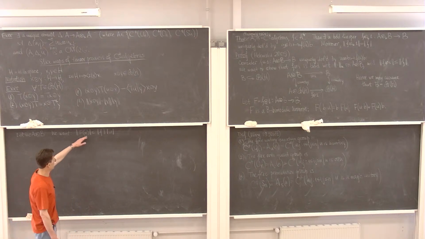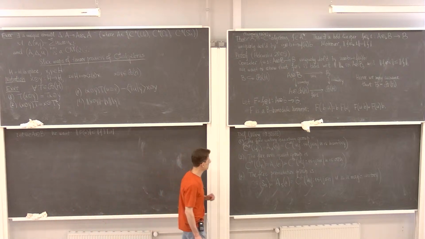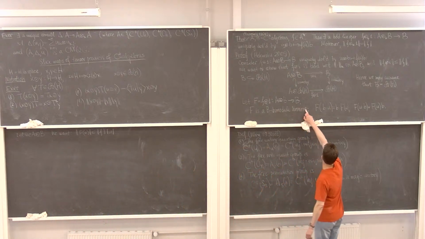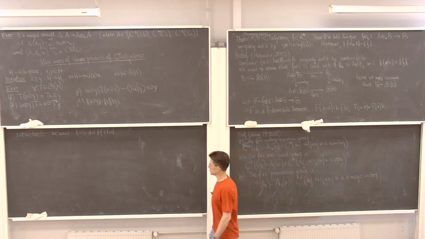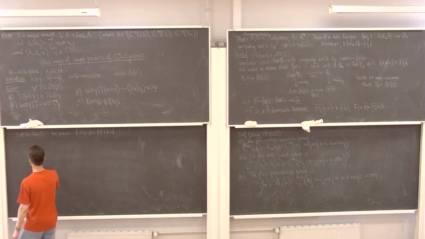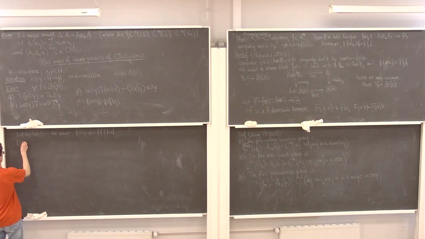Well, now F of u is an element of B, and B is B of H, the algebra of operators on H. So the norm of F of u can be calculated as follows. This is the following supremum.